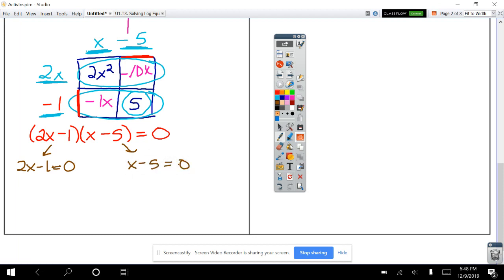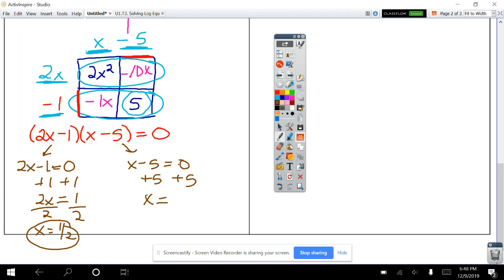To solve the one on the left, I add 1 to both sides. 2x equals 1, divide by 2, x equals 1/2. Just leave it as a fraction, unless you really want to change it to a decimal. Then add 5 on both sides. x equals 5.